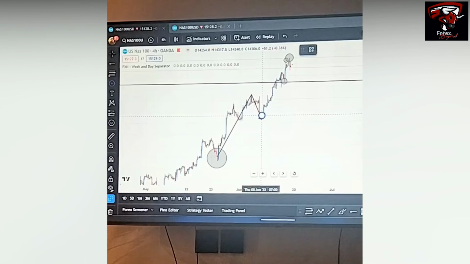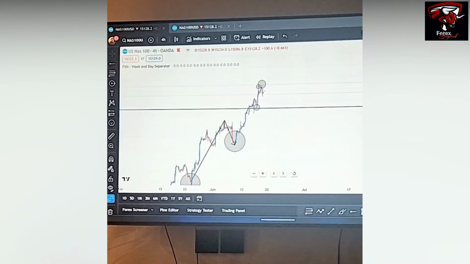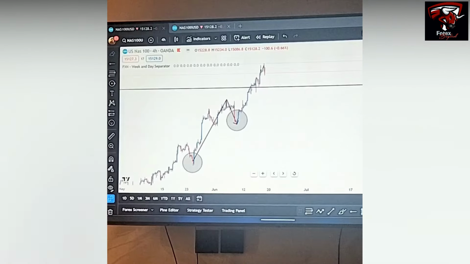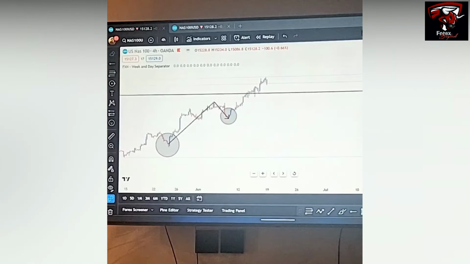We can also call this an ABC pattern, which I am not going to get into right now, but again, a very profitable session that takes place where you can make a lot of money if you are a swing trader. So the reason I know that this trend is not over is because once you understand ABC and its patterning and what's happening over here, we then want to see C get taken out and so forth.